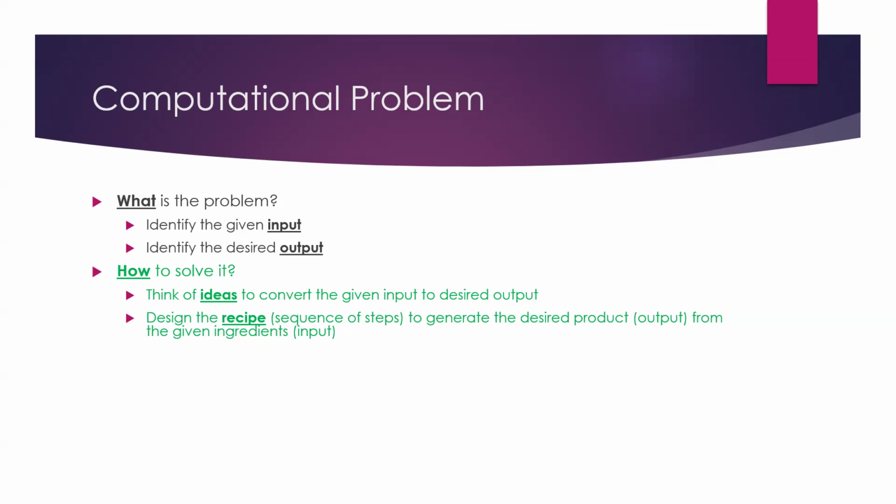And that is a completely intellectual exercise: you need to figure out ideas, you need to brainstorm ideas, and you need to convert your ideas into a sequence of steps such that you can make up a sensible recipe, which can lead you to success. And over here, by successful we mean that we have been able to generate the desired output from the given input.